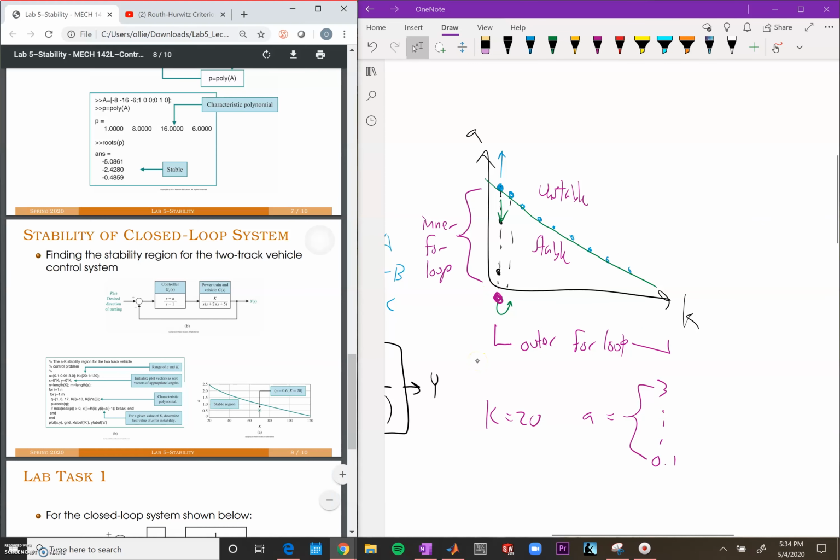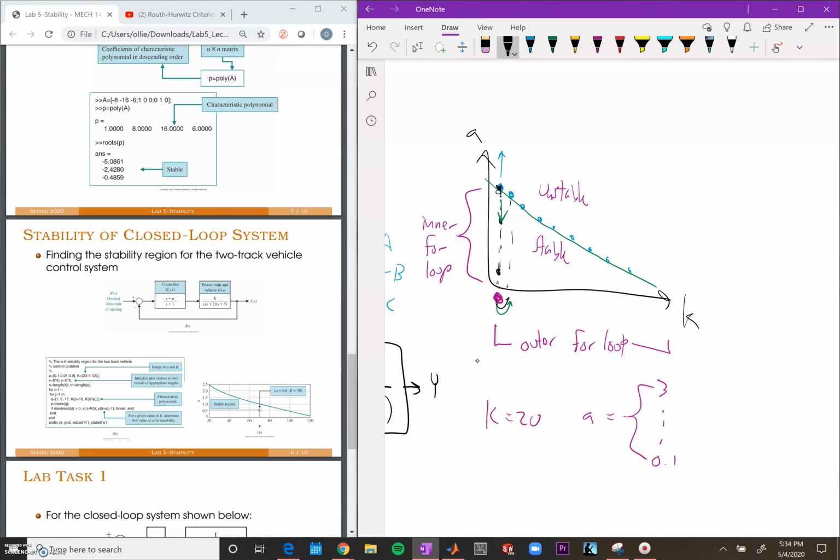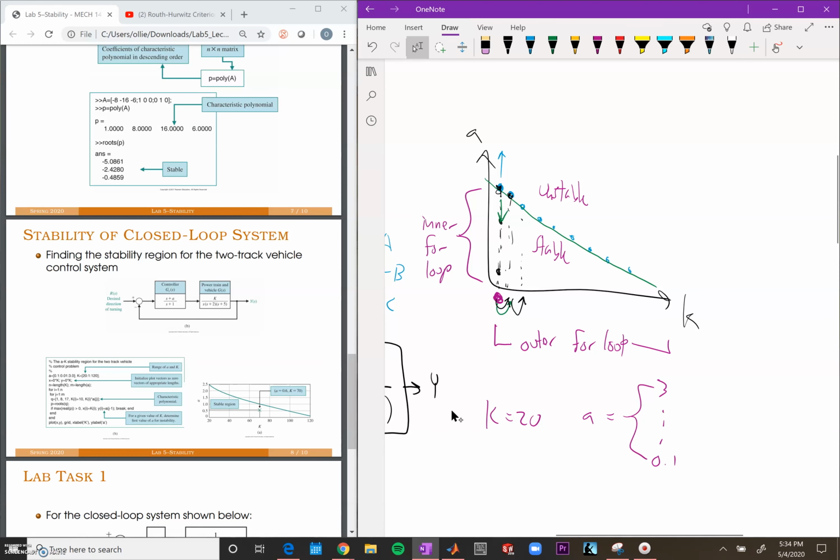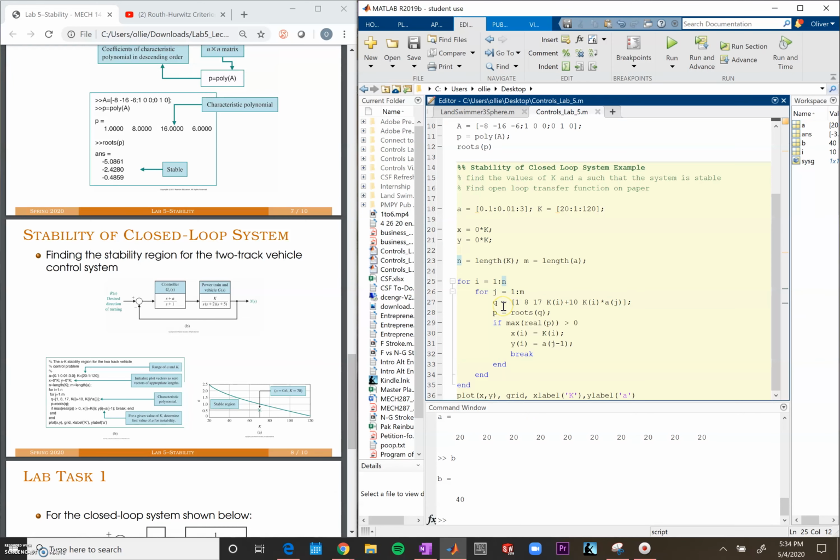So what we're doing is, okay, we found this value, we move on to the next K in our outer loop. We do our inner loop until we find an unstable system, right? We keep track of that point using our x and y variables. We iterate our outer loop. We do our inner loop. We go up, okay, that's where it becomes unstable, and we want to keep track of these points so we can plot them. So that's what we do.